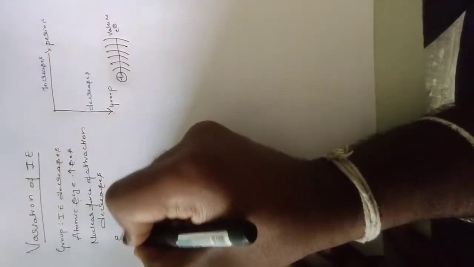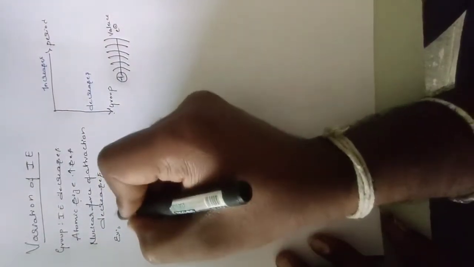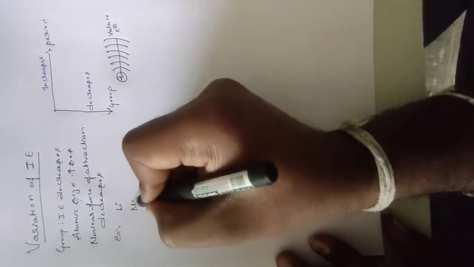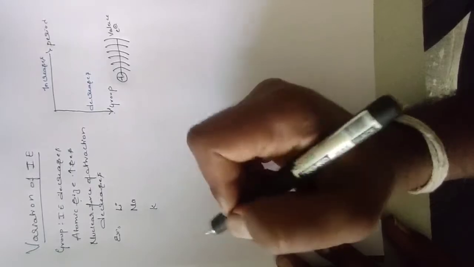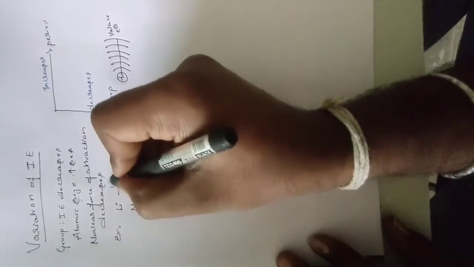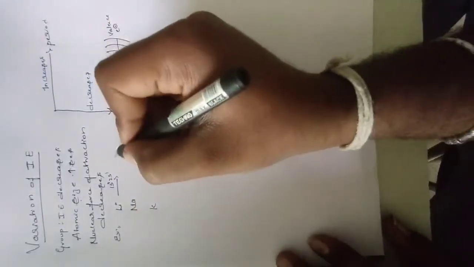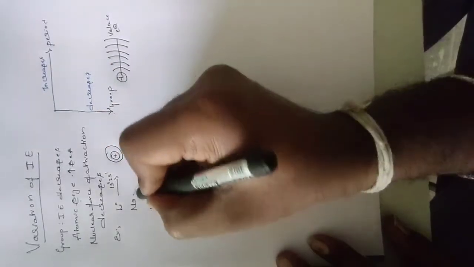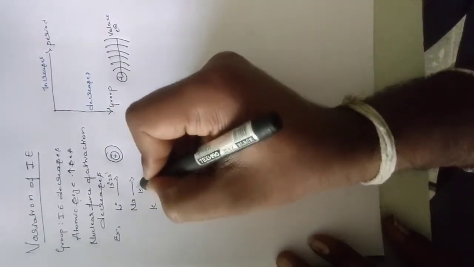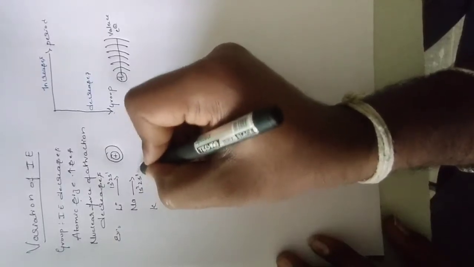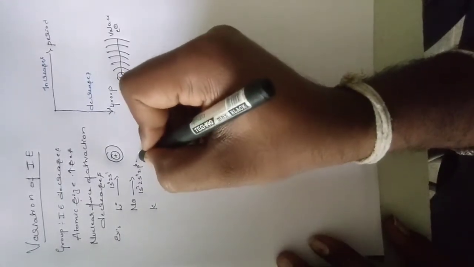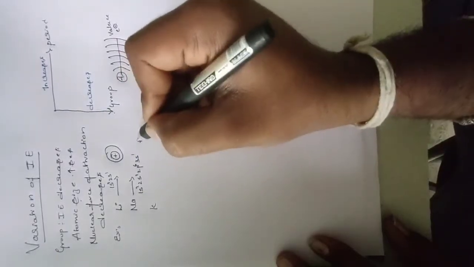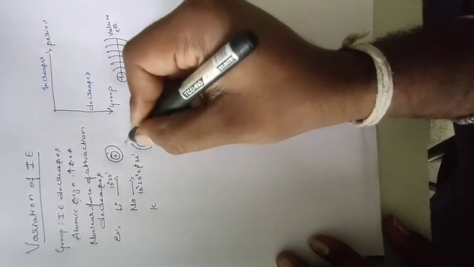For example, take lithium, sodium, potassium, rubidium, cesium. Lithium is 1s2 2s1. Sodium, atomic number 11, is 1s2 2s2 2p6 3s1: first orbital, second orbital, third orbital.